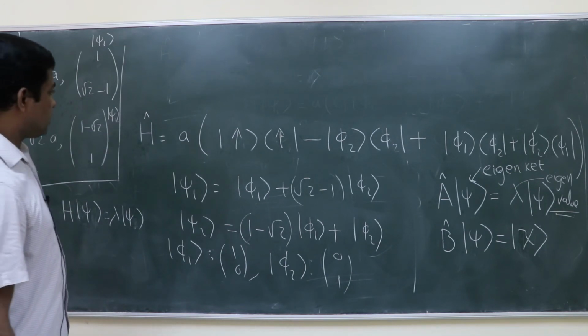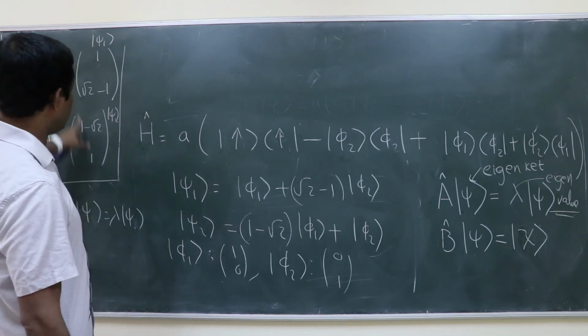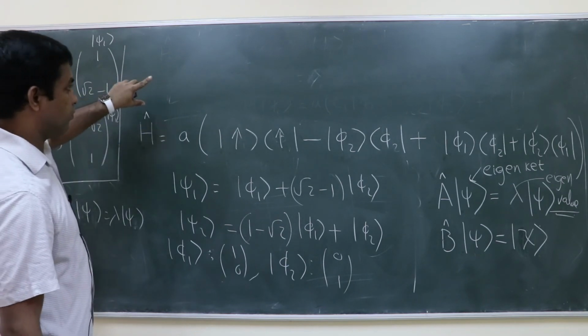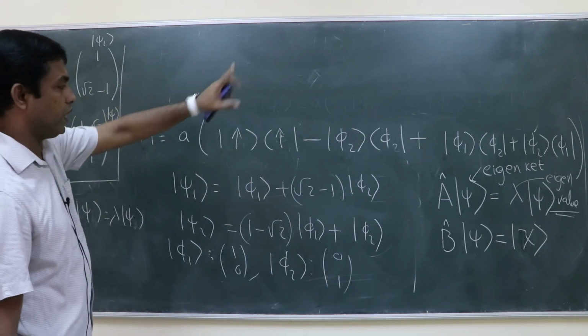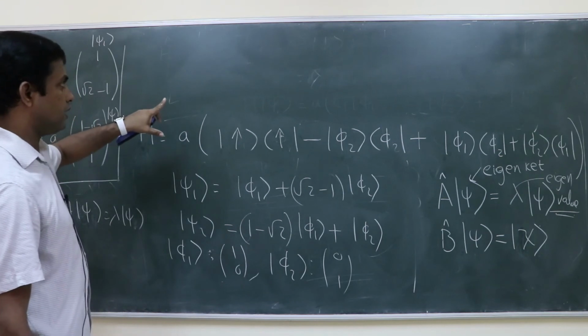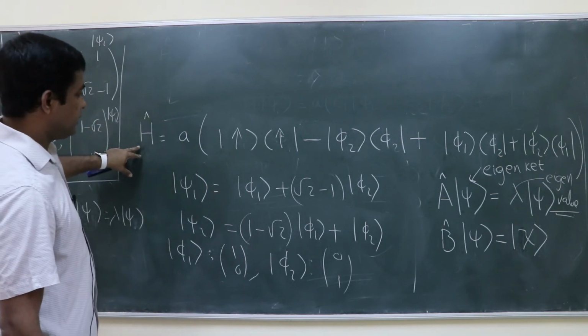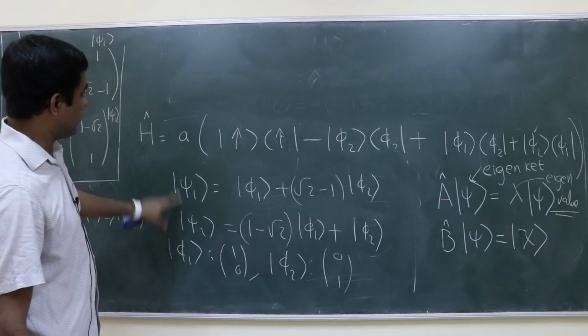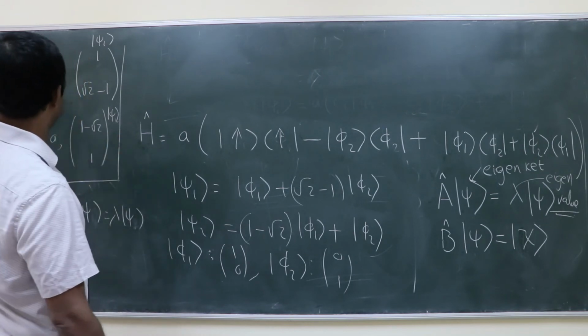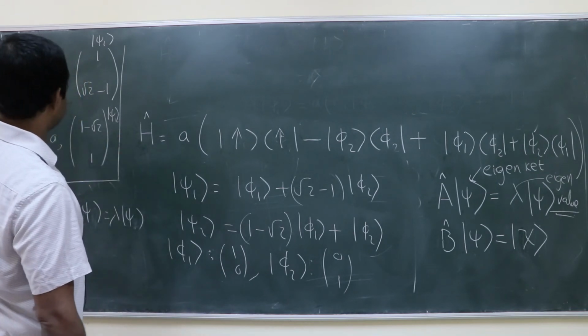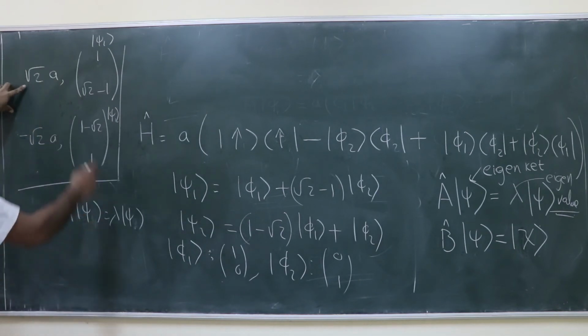So the next question is, without doing that eigenvalue equation and solving for x and y as a matrix thing, can I get this ket psi 1 and ket psi 2 directly from H, with the knowledge that the lambdas are root 2a and minus root 2a? Whether I can get that, that is the question.